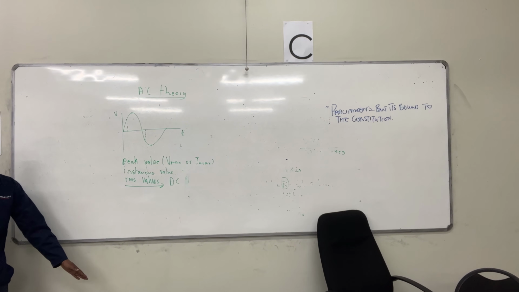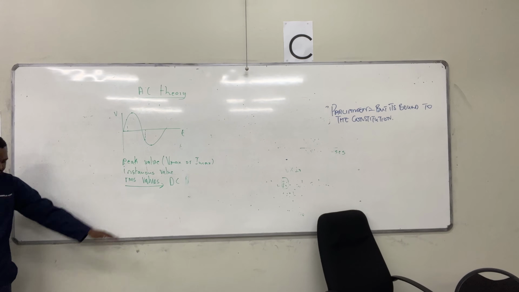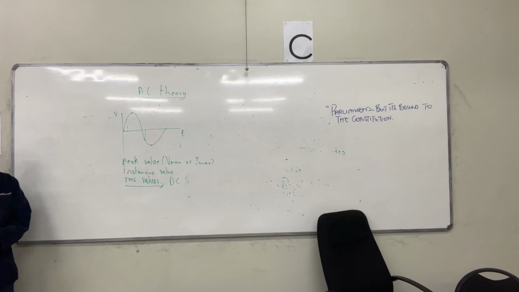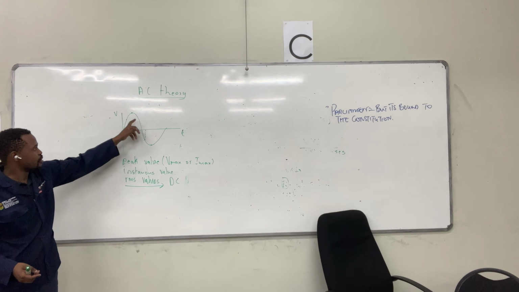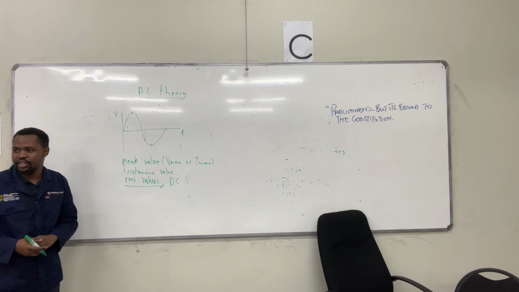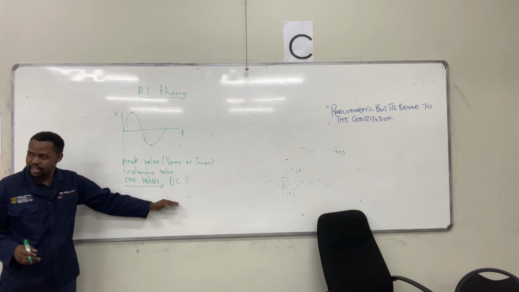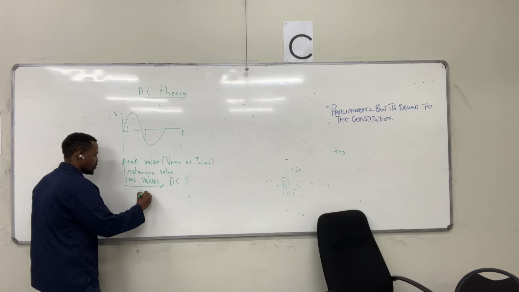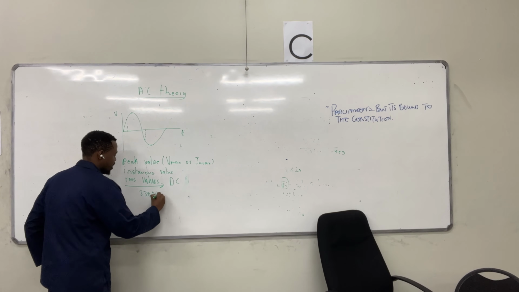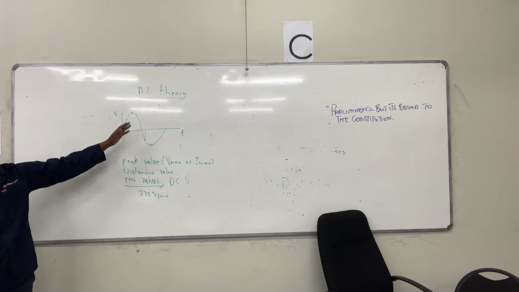This socket outlet, is it giving you a peak or RMS value? If you use an instrument, a multimeter, to test the voltage, that is the RMS value. You only read a peak value on an oscilloscope. With a multimeter, you read the RMS value. So this 230 that we know is the VRMS, not the V peak.